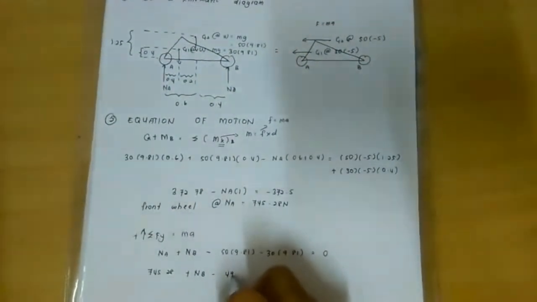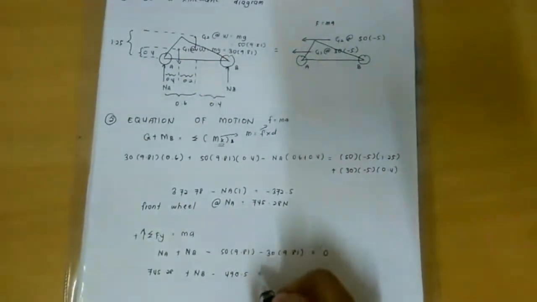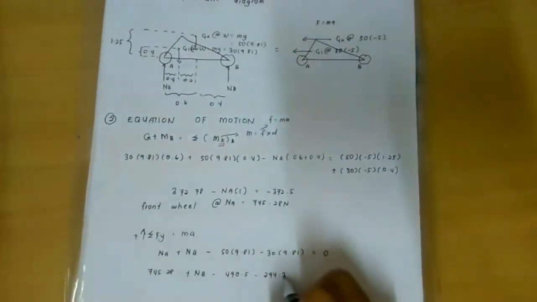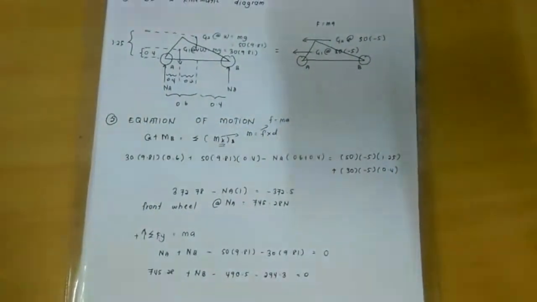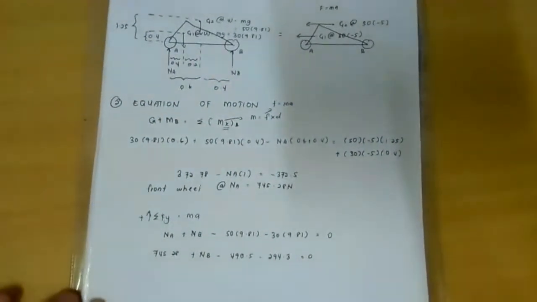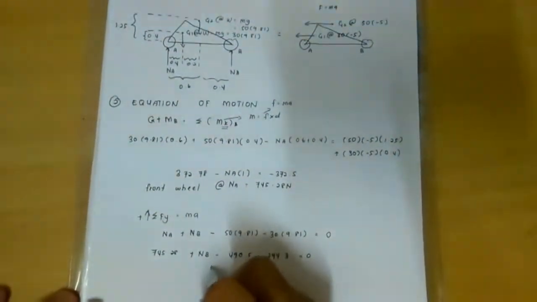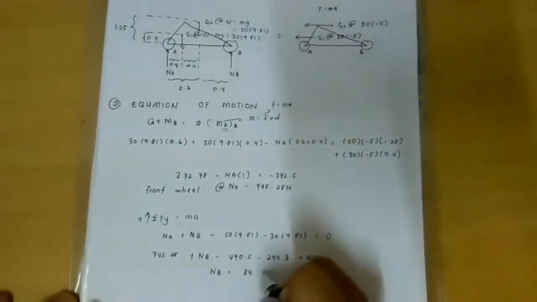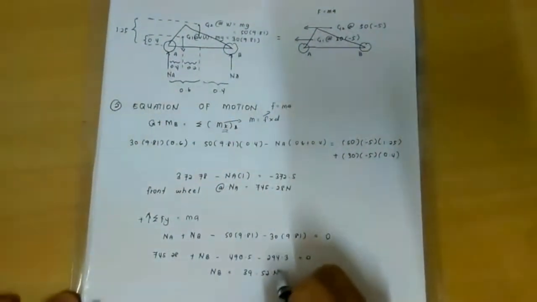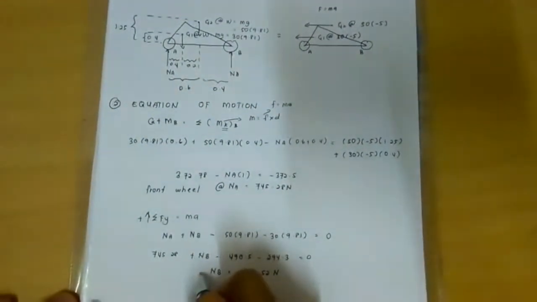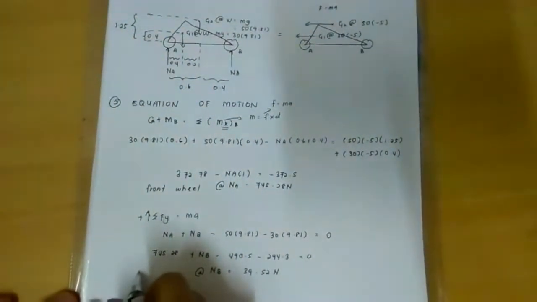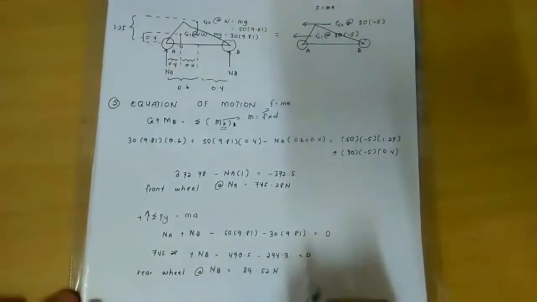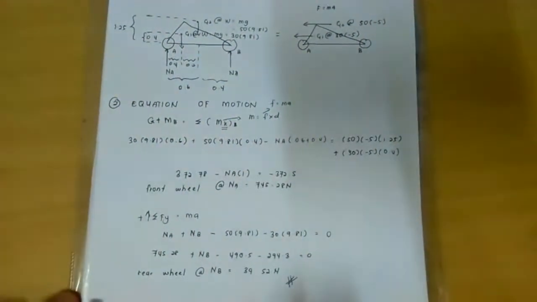Solve the equation. We get normal force at point B is 39.52 Newton, which is the rear wheel force. That's it for all. Thank you.